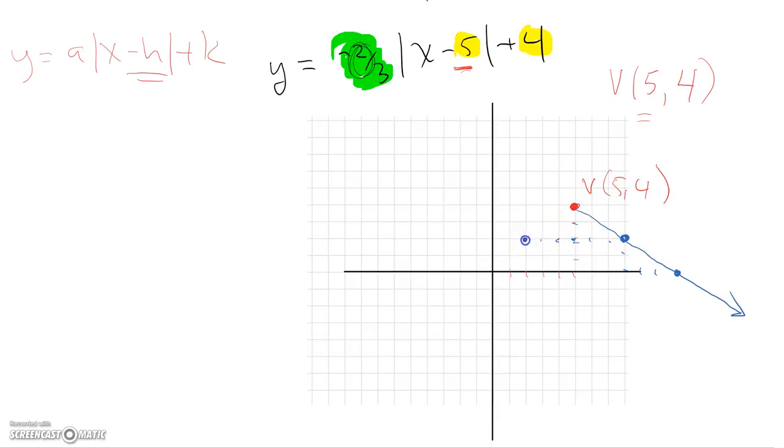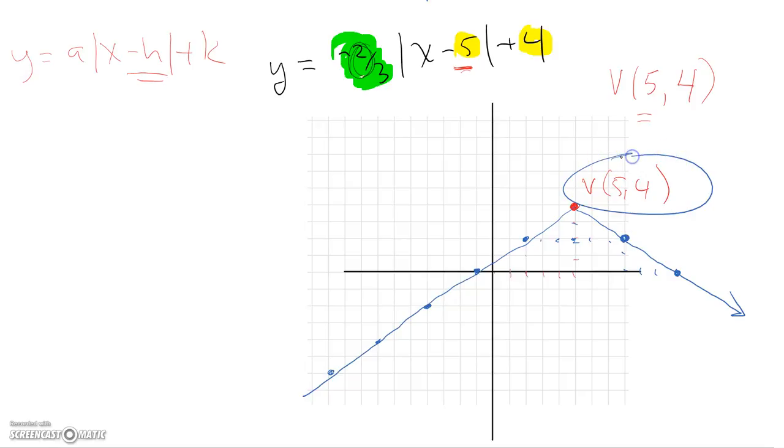Down 2, over 3, until it takes me off the graph. Down 2 and over 3, so on, until I come off the graph, and then hopefully I do a little better this time on my graph. There we go. And so this time, there's my graph.